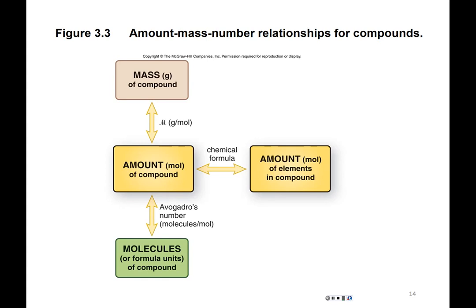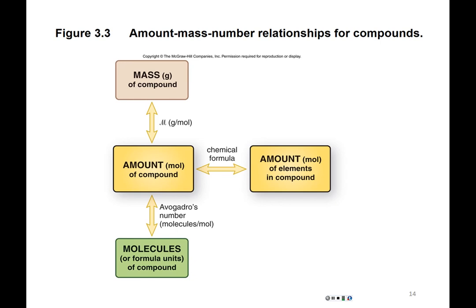Okay. Well, the other thing that we can do, if we're given a mass of a compound, we can convert it into the moles of a compound. And then using the chemical formula, we can convert from the amount of the compound to the amount of a particular element that's in the compound.